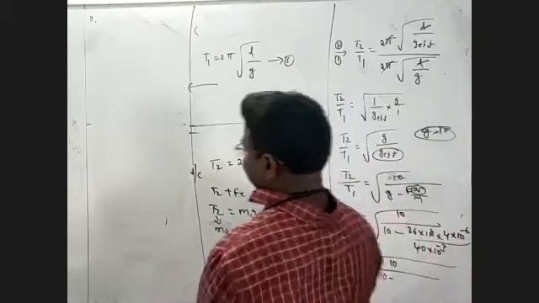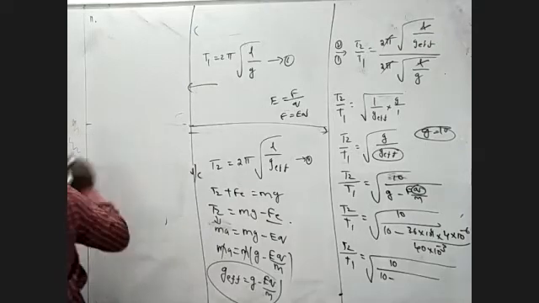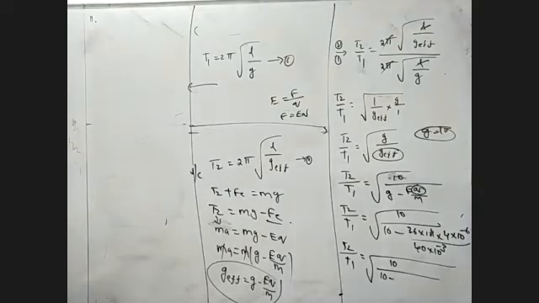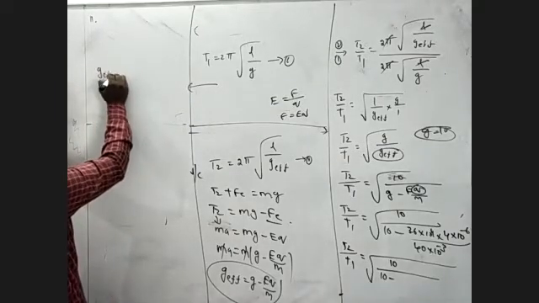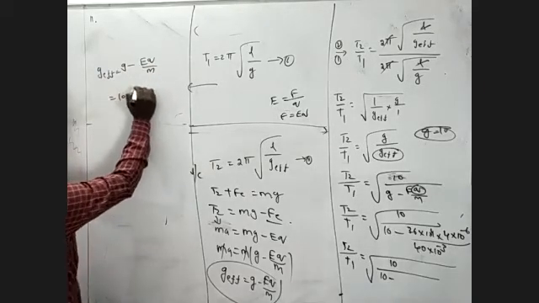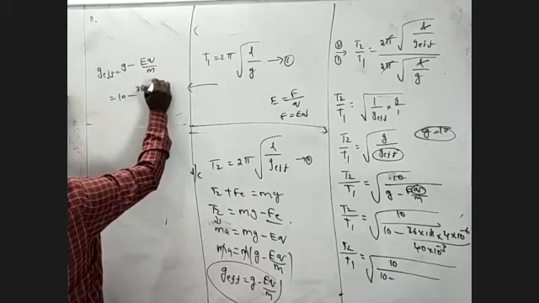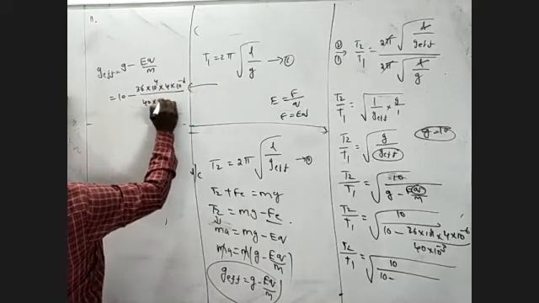Now we are going to find g effective, g minus EQ by M. g means 10, E means 3.6 into 10 power of 4, Q means 4 into 10 power of minus 6, mass means 40 into 10 power of minus 3.